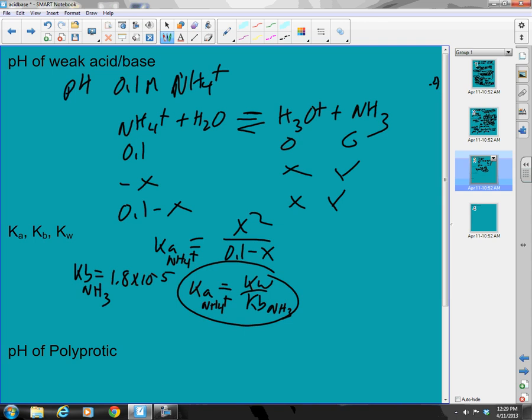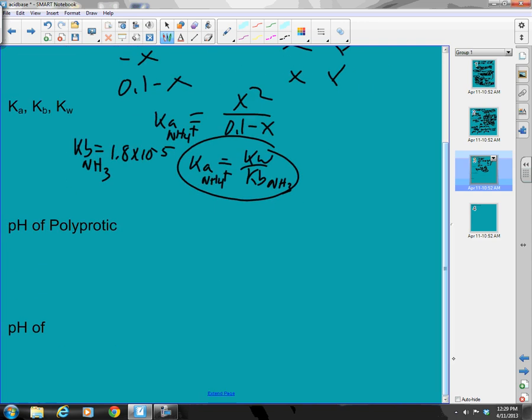And then finally, not finally, but pH of polyprotic acids. What do we have to do with that? Let's say we have something like H2C2O4, oxalic acid. We're going to have to run through this twice.